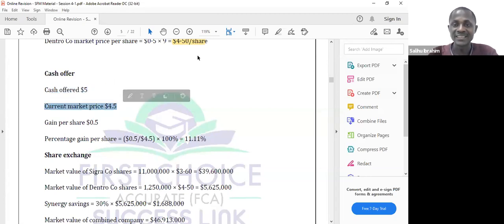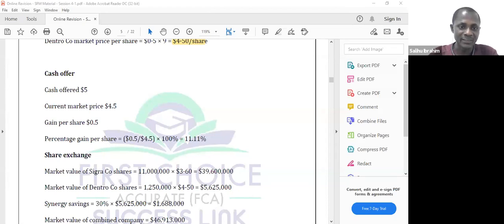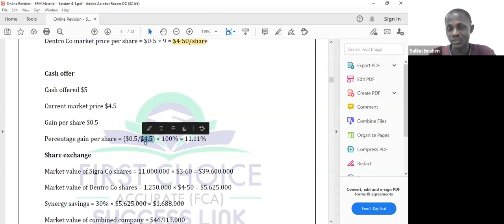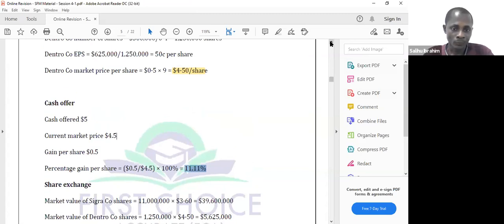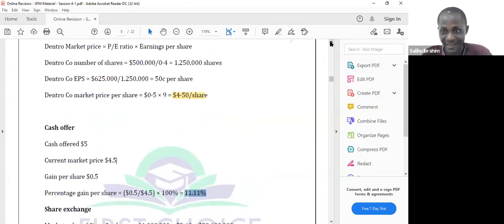The percentage gain is the gain, 0.5, over the worth of their share before acquisition, which is 4.5. So they are gaining 11.11%. I believe this is clear.